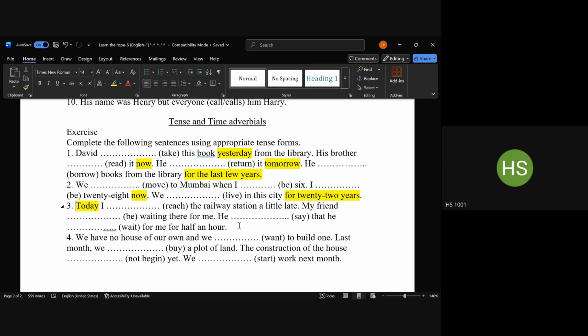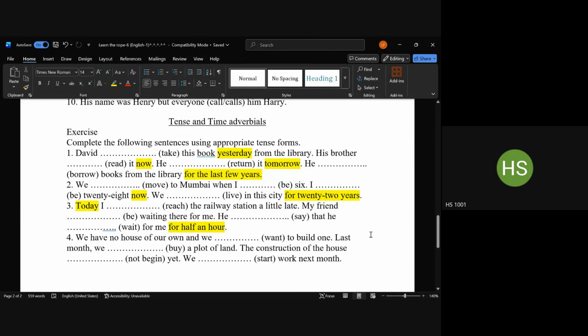Then he dash say that he dash wait for me for half an hour. He said, right? He said that he had waited for me for half an hour. See, because it has for, whenever you have for or since, it needs to have a component of the perfect as well as the continuous form. It's a period of time.